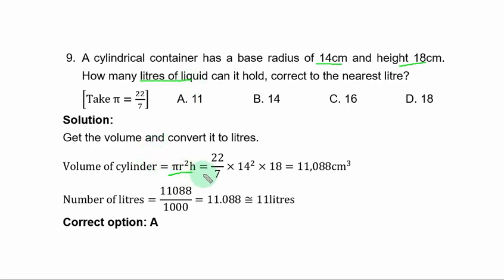You have 22 over 7 for pi times 14 squared, that is radius squared, times height 18. That gives this. To get the volume in liters, you divide through by 1000 and you have 11.088. To the nearest liter, you have 11 liters. A is the correct option.